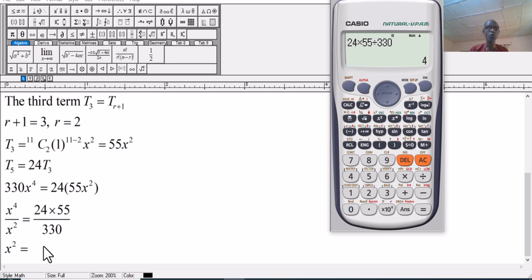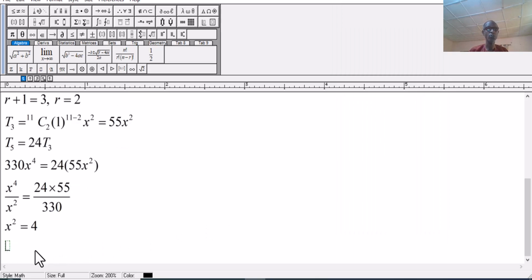That gives me 4. So this will be 4. So my x is either equal to plus or minus 2. That's the value for my x.